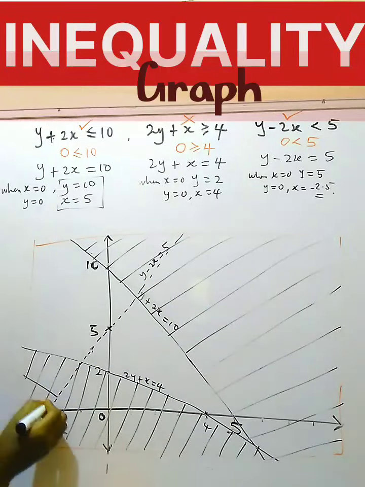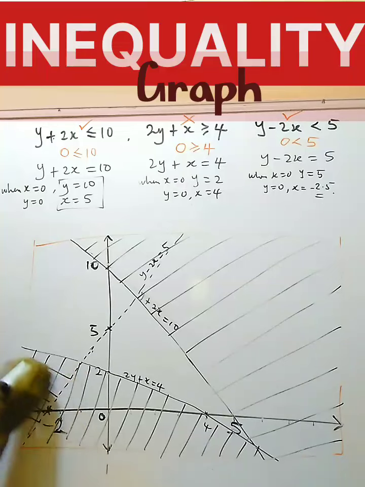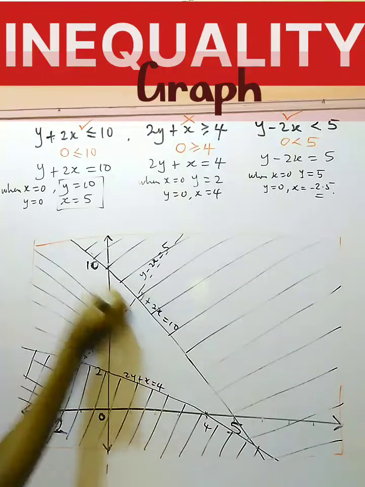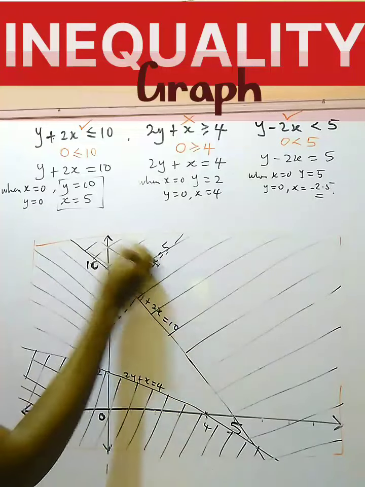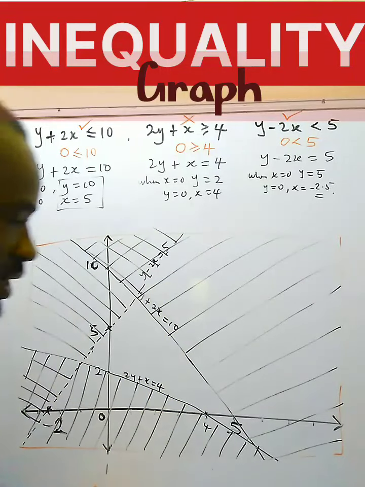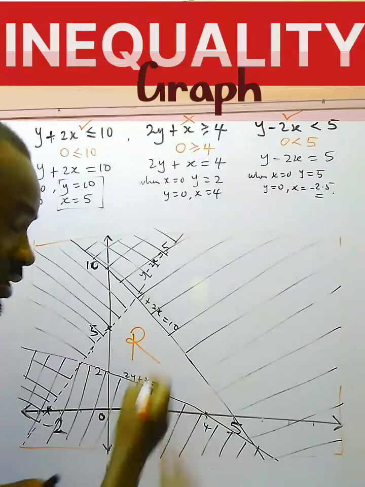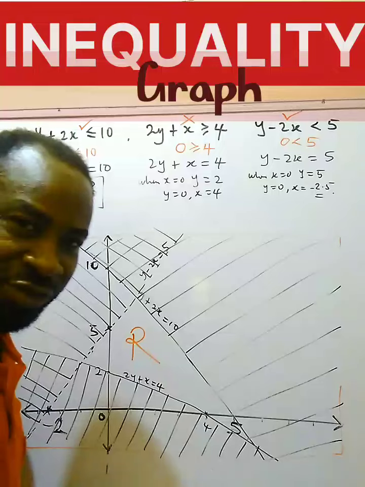Therefore, I'm going to shade this other part. Do you understand now? So you can now see the true solution to this problem. The region that contains the solution is this unshaded region, and that is the solution to this problem.